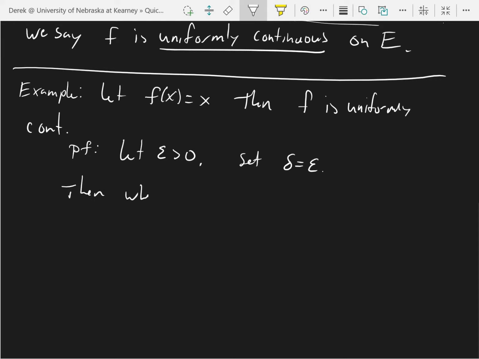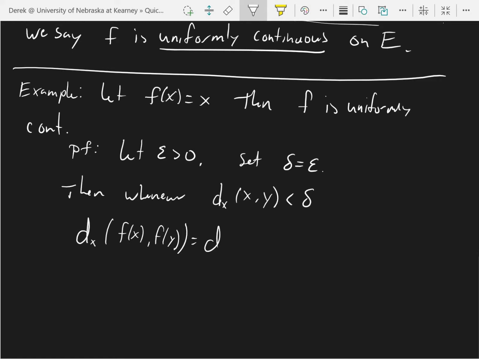Then, whenever the distance between x and y is less than delta, the distance in X again, because f maps X to itself, between f of x and f of y is equal to the distance in X between x and y, because f of x is x and f of y is y, which is less than delta, which is equal to epsilon.